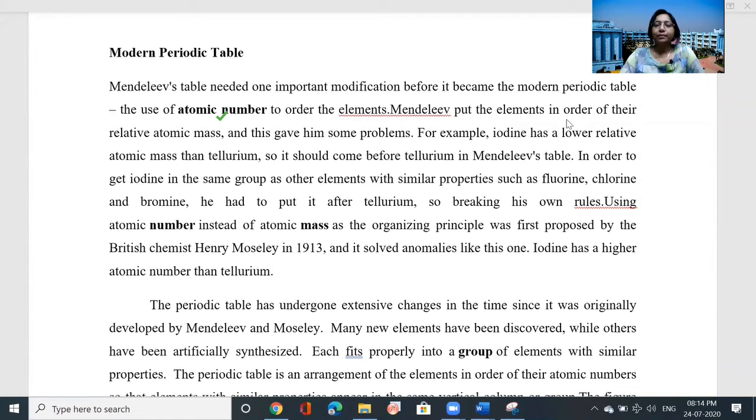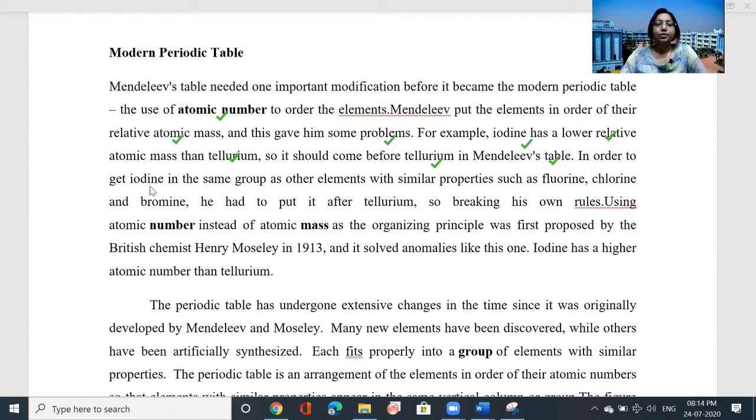Mendeleev put the elements in order of their relative atomic mass, and this gave him some problems. For example, iodine has a lower relative atomic mass than tellurium. So it could come before tellurium in Mendeleev's table.